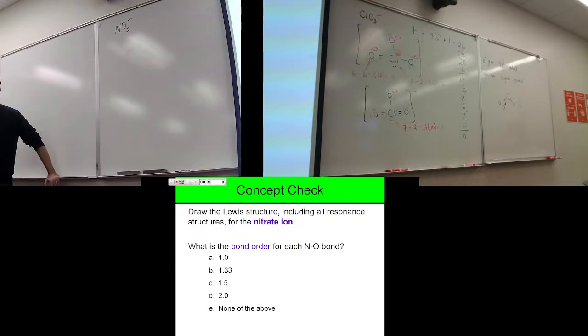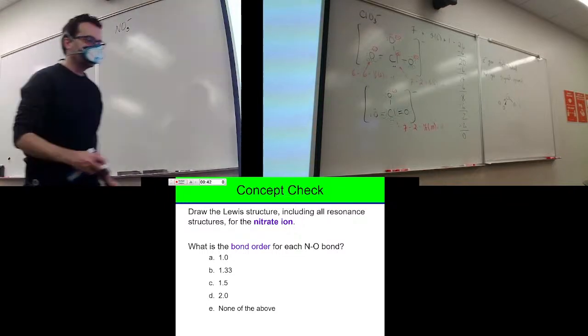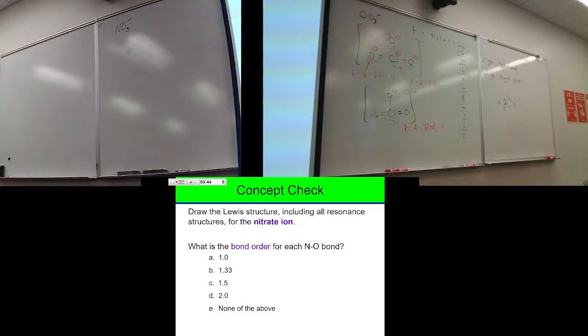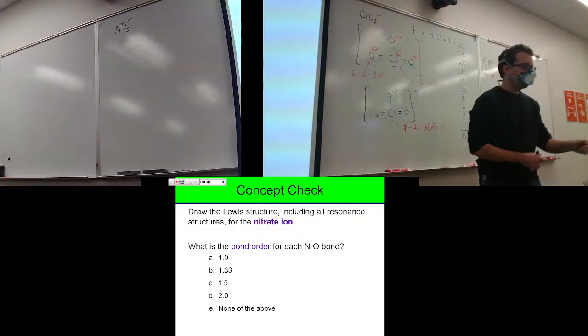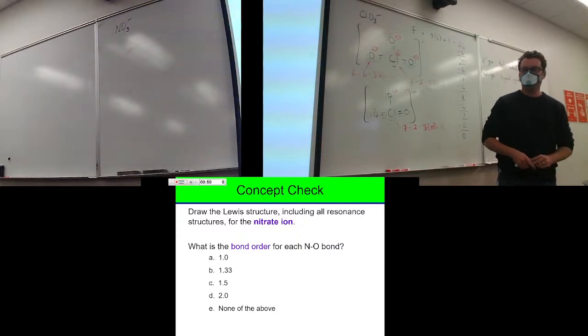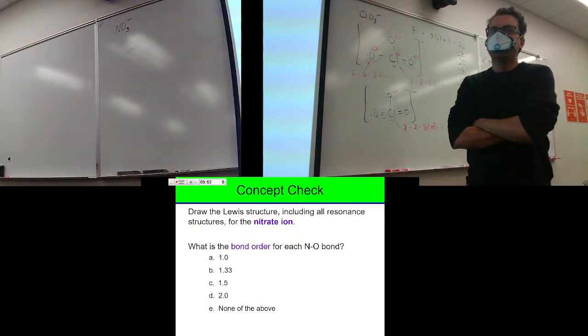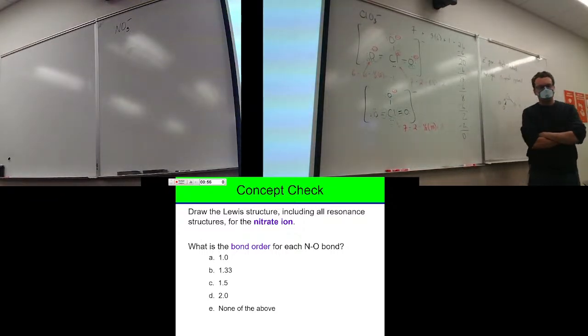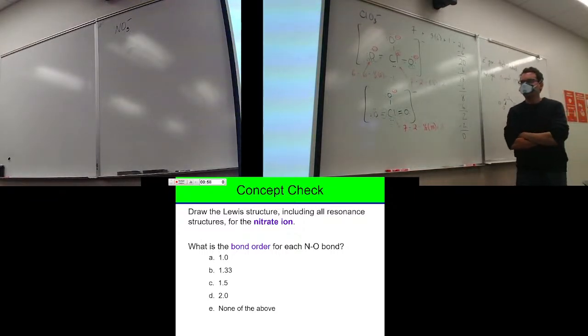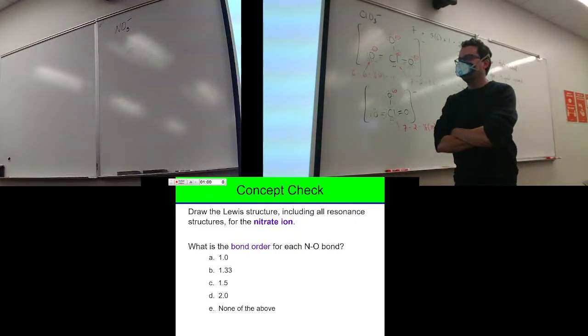If you don't remember what the Lewis structure is, draw the Lewis structure, figure out what the resonance structures are, if there are any, and then see if you can figure out that average bond order. I'll give you a second. Or a minute, I should say. These are decent test questions. At least this one is.